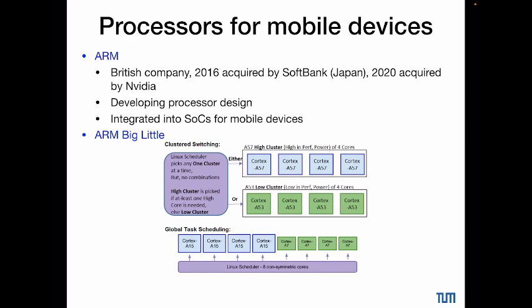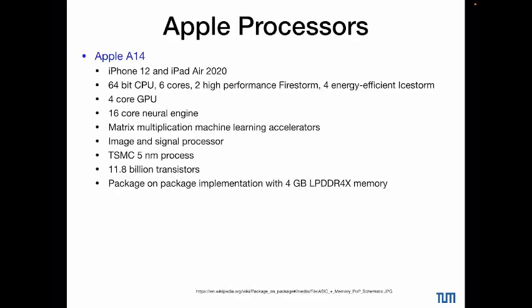In the cluster switching approach, they can actually switch between the two clusters and use a green cluster here for times where there's not so much demand for compute power, or you can use a global strategy where you can distribute computation more flexibly among these big and little processors. So let's go to Apple.